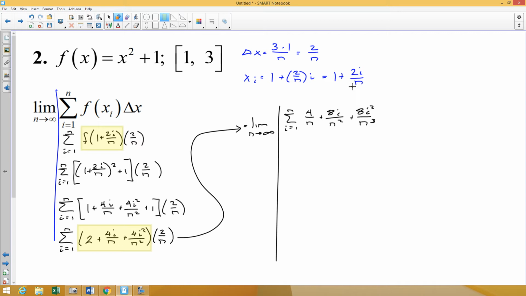And now I'm going to split up my summation, and at the same time, I'm going to recognize what my constants are, which is anything that does not have an i, and I'm going to write those in front of my sigmas.